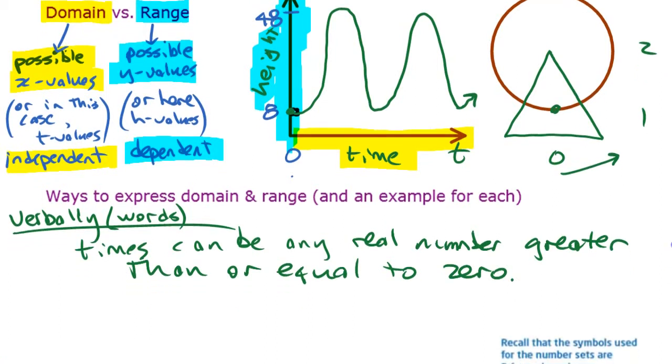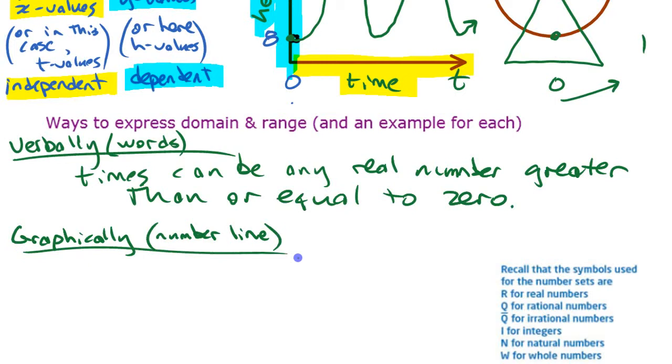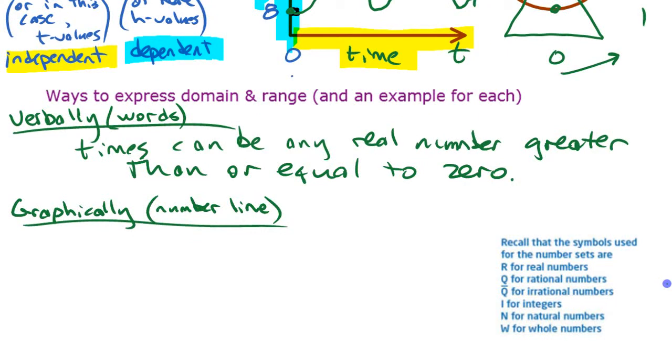Okay, another good way to show it is you can use a number line, which is graphically. Graphically just means with some kind of graphics, right? Picture. If you want to show this on a number line, let's put a number line here first. Okay, so there's a line we can use, and all we want to say is it starts at 0 and goes up here with numbers like this.